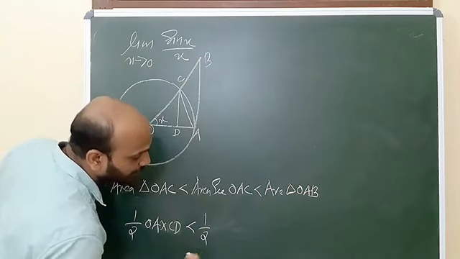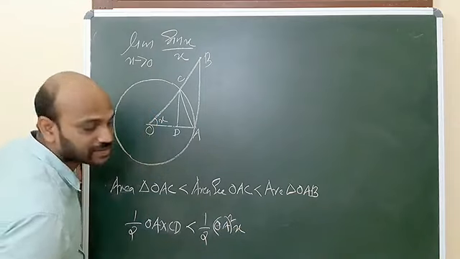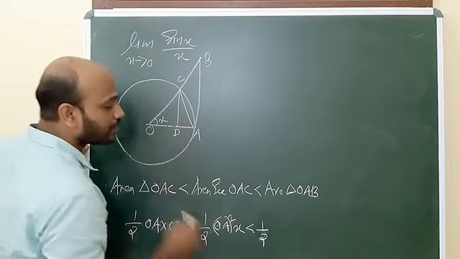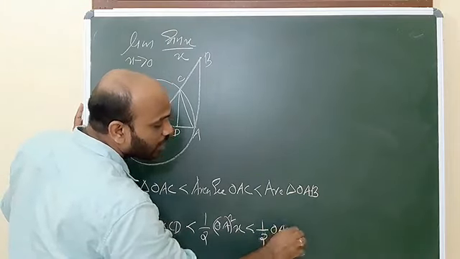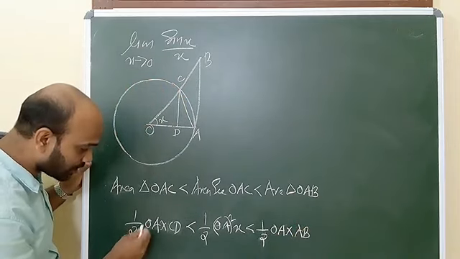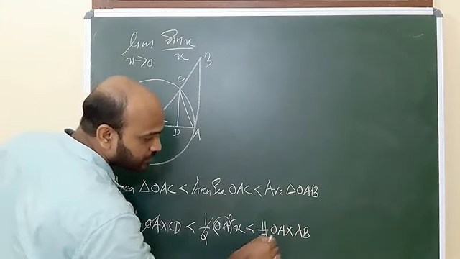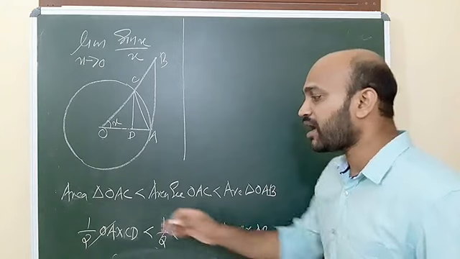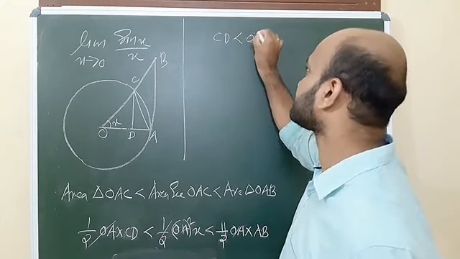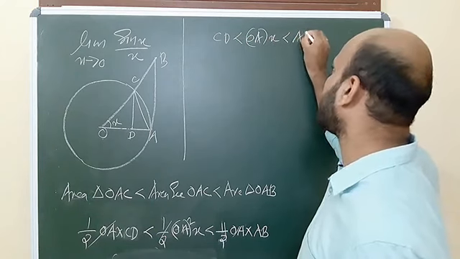So here it will be half into radius OA squared into theta, meaning x, less than half into base OA into height AB. Now we can cancel the common term half OA. After cancelling half OA, we will get CD less than OA into x less than AB.